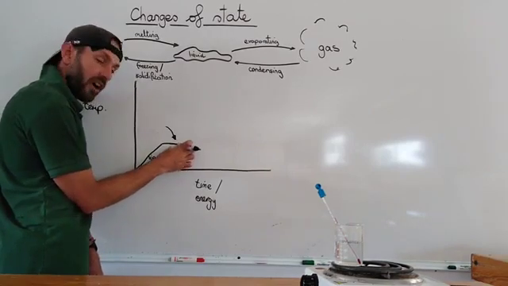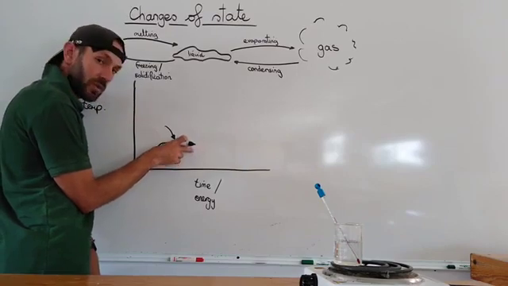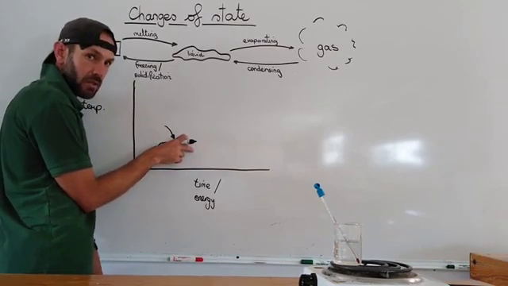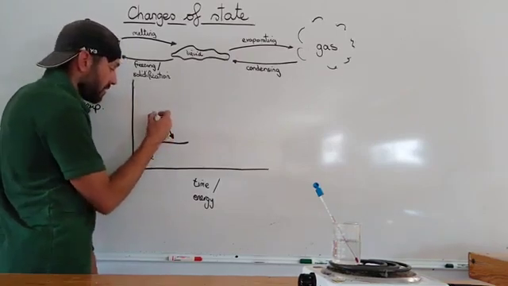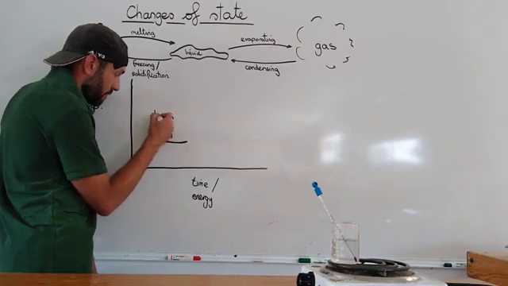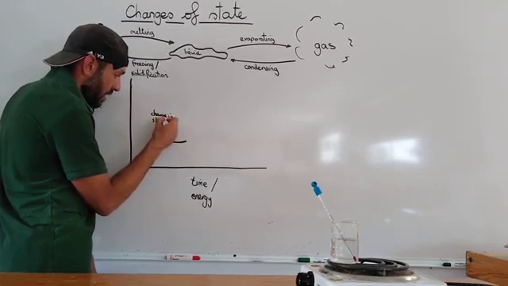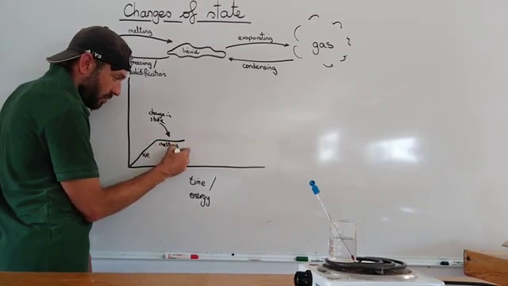I would probably have half ice, half water in there now, and it might be somewhere between 0 and 4 degrees Celsius. And this flat line tells us a change in state. So right now, at this flat line, we have what we call melting going on.